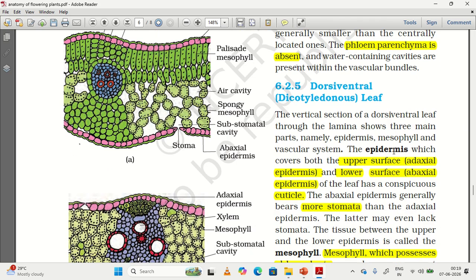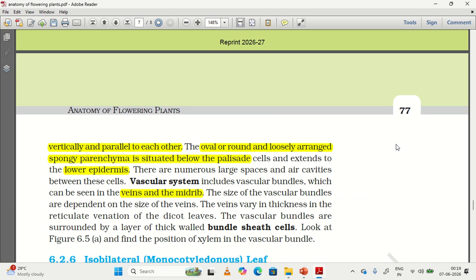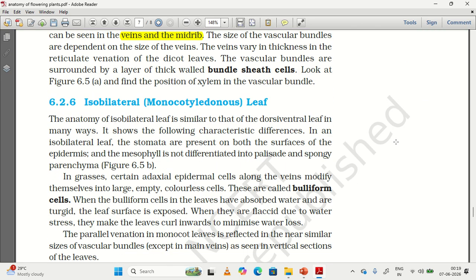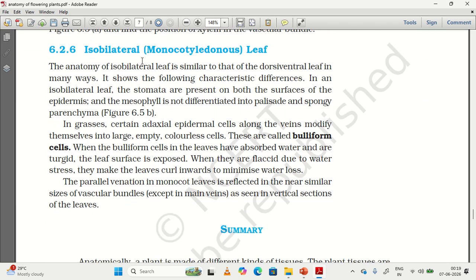Lastly, we will see the structure of the monocot leaf. The monocot leaf is also known as the isobilateral leaf, meaning it is similar on both sides. The anatomy of the isobilateral leaf is similar to that of the dorsiventral leaf, which is the dicot leaf, in many ways. It shows the following differences.